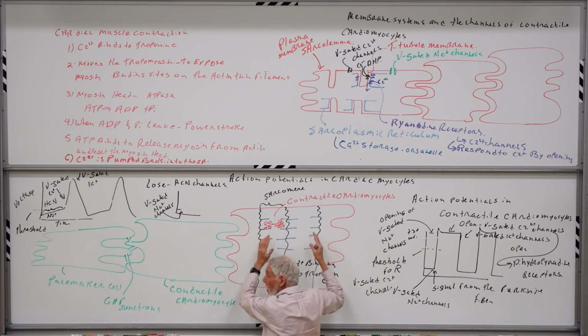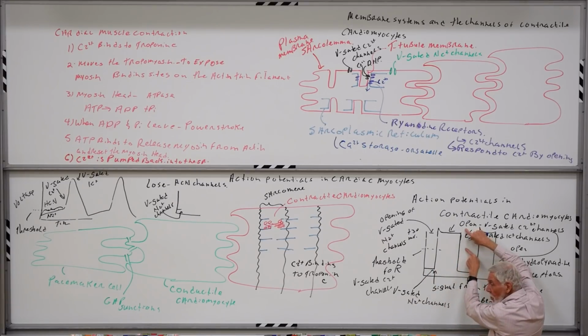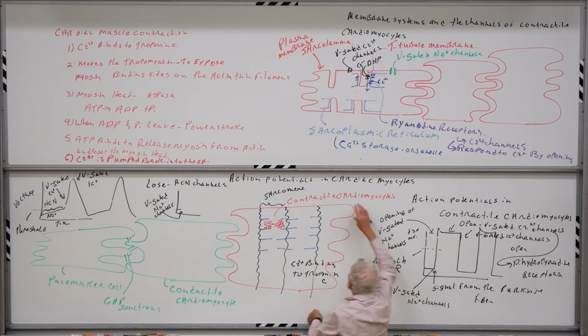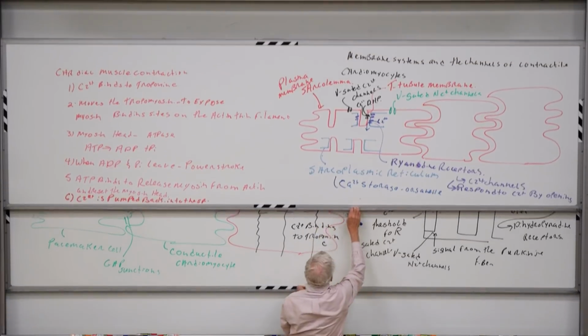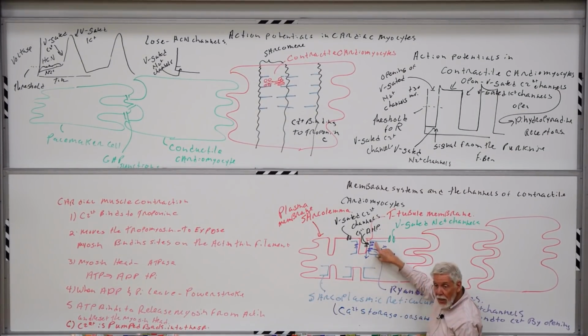But then when the voltage-gated potassium channels start to open and they repolarize the membrane, these voltage-gated calcium channels close. The dihydropyridine channels close. No more calcium is coming in. Because there's no more calcium coming in through the DHP receptors, we no longer have calcium binding to the ryanodine receptors. They close.